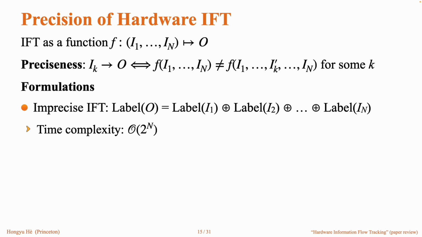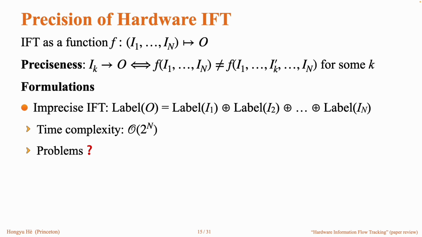For this imprecise algorithm, it's relatively cheap, so the time complexity is 2 to the power of n. It's exponential because each and every single label can individually influence the label of the output. So we have 2 to the power of n combinations.